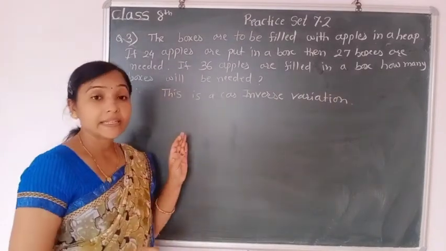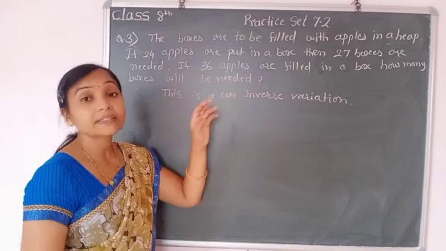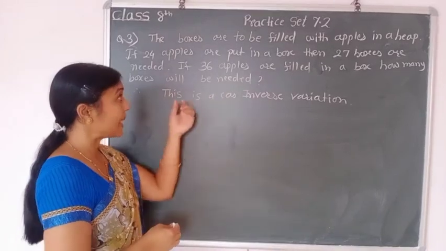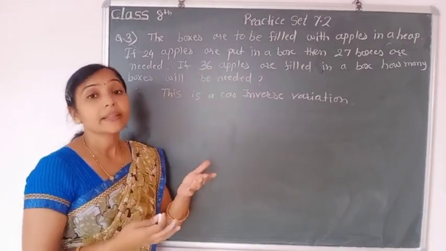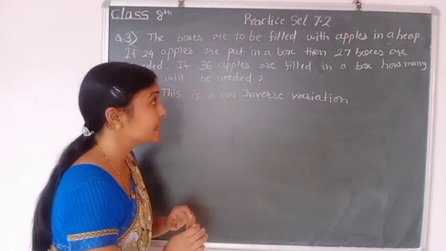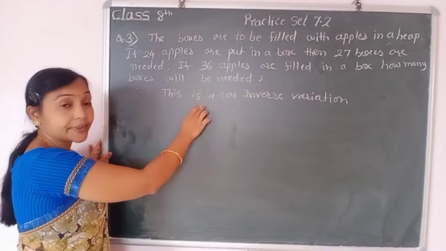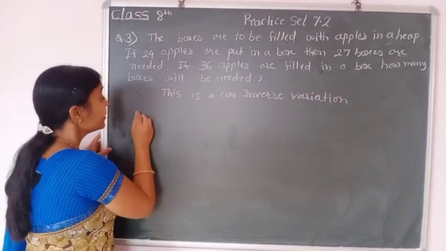If there is a lesser number of apples, then the boxes are more, and if the number of apples is more, then the number of boxes decreases. So first we find out this example is inverse variation.